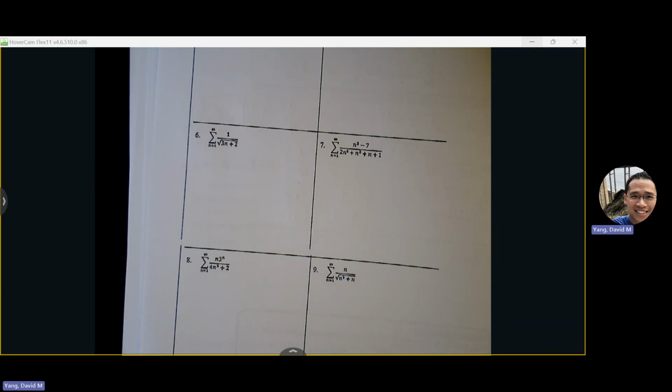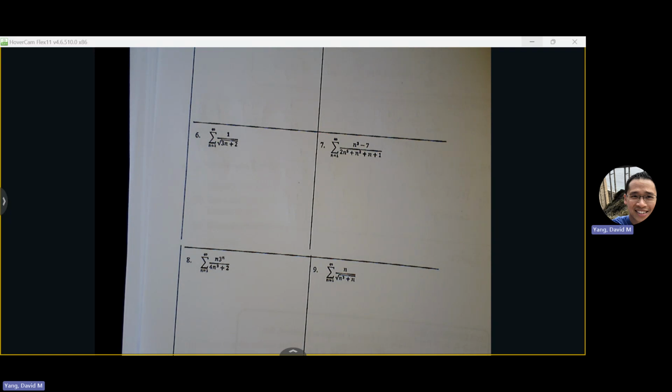We'll see some examples on the next page. But here it says that if both my series are greater than 0, then if I can find a comparison partner for the series that I am looking at, I can just take the limit as n approaches infinity of the two series divided by one another. It doesn't matter which one I divide by, as long as I can get a real number out of it.